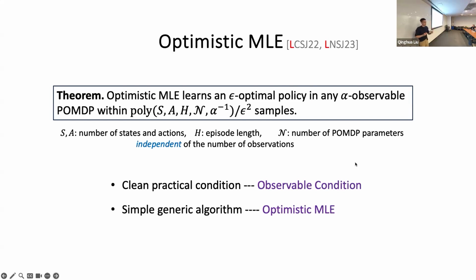These three: transition, emission, initial state distribution. But then the emission matrix depends on the observations, so in the worst case, it can scale linearly with the number of observations. But in some scenarios, it might not be. For example, if your observation is your ground truth state plus some Gaussian noise, in that case, the parameters are just the mean and variance of the Gaussian noise. So it depends on the task. Yeah, I agree. Go ahead.